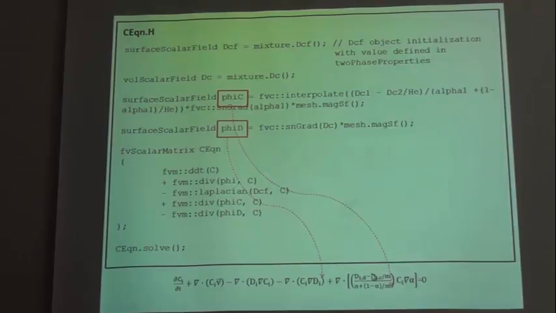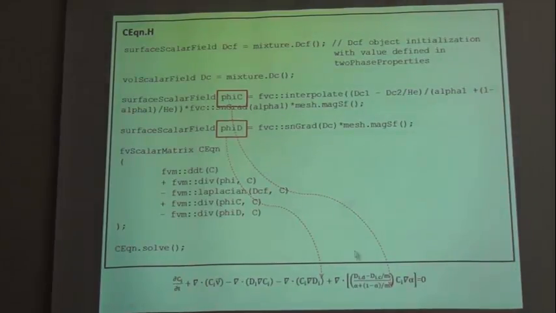So you need to access the phase values, and that is being done by defining the surface area and phi c and phi d, which will be calculated. This will provide surface values for each of these quantities and allow us to calculate the divergence as depicted by this term and this term. So this is how you include your overall scalar transport equation.